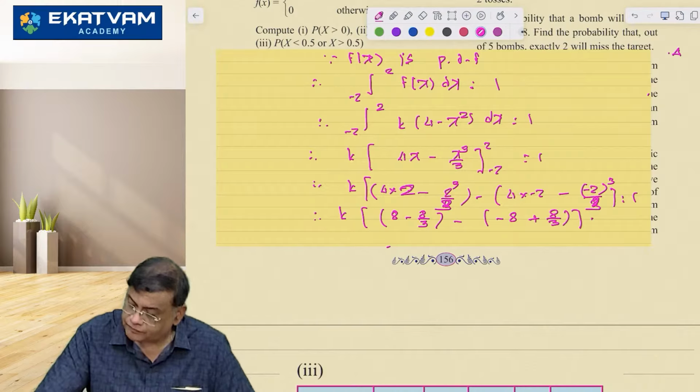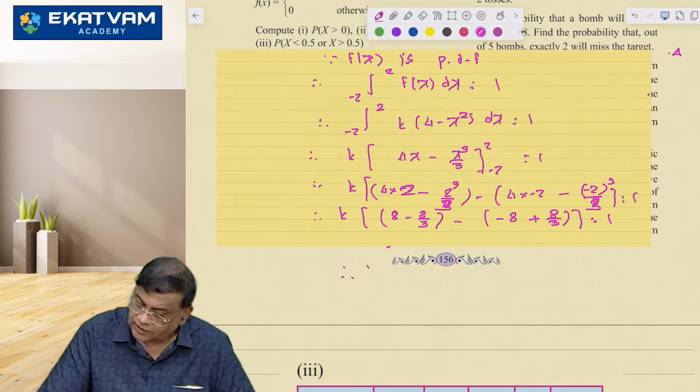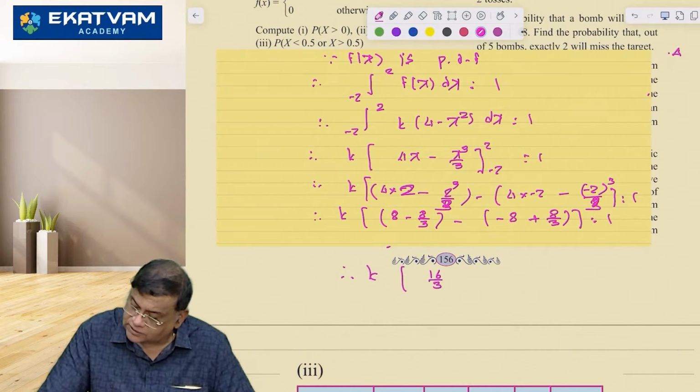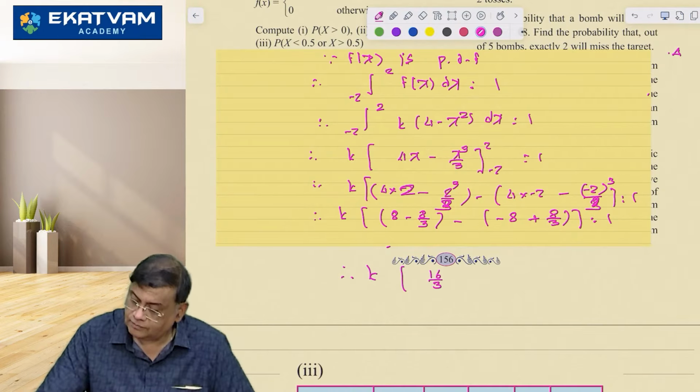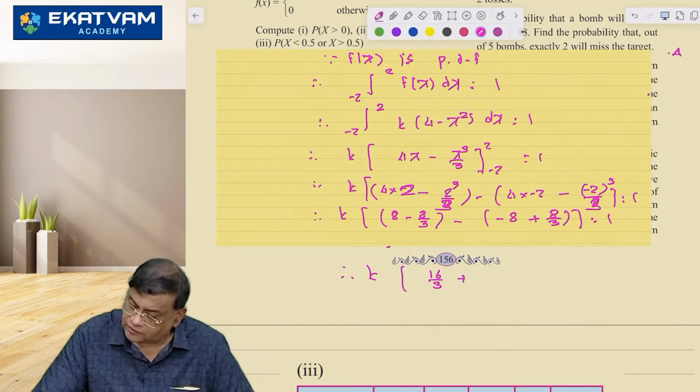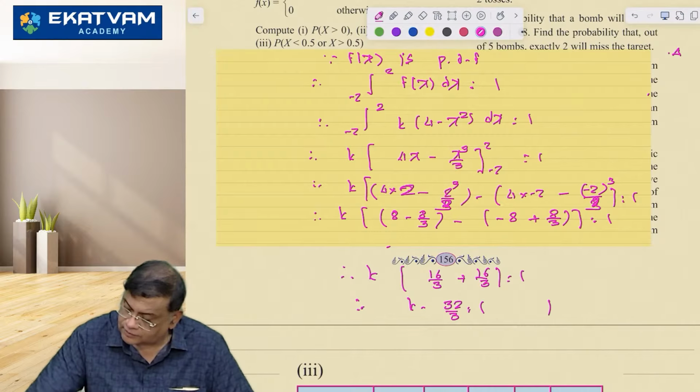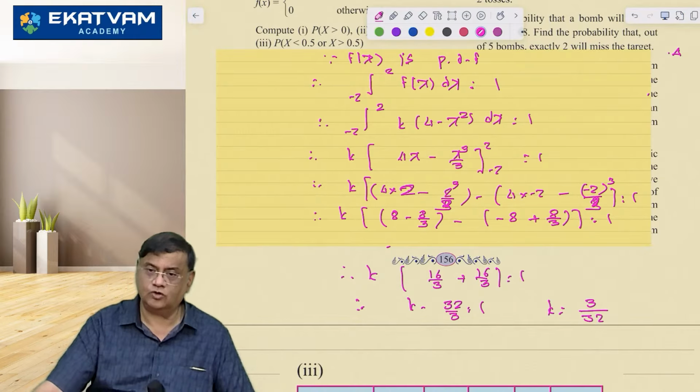That should be 1. Therefore k into 24 minus 8, 16 by 3, and minus of minus plus 16 by 3 should be equal to 1. So k into 32 by 3 is 1. As such k is 3 by 32. Don't cancel 3.